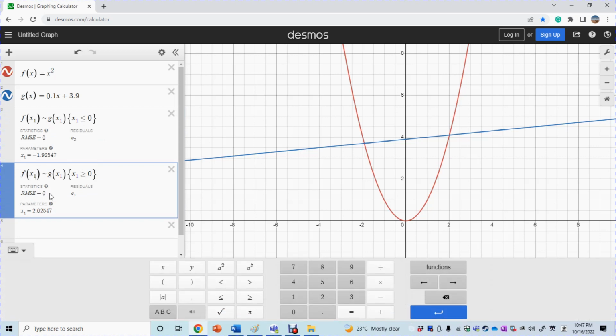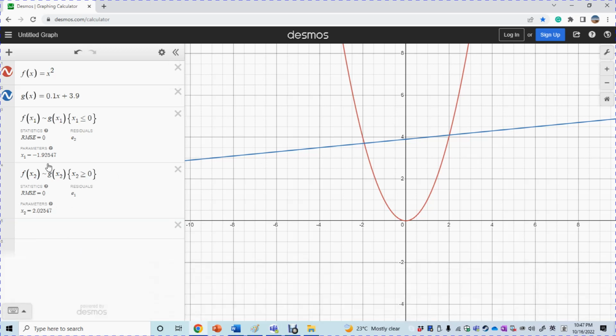So I want to call it x2 rather than x1. Then it will show me the x2 value. Right now, I've got two x values as the intersection points. One is x1, the other is x2, which correspond to our alpha value and beta value.